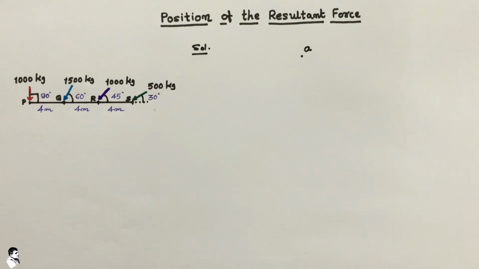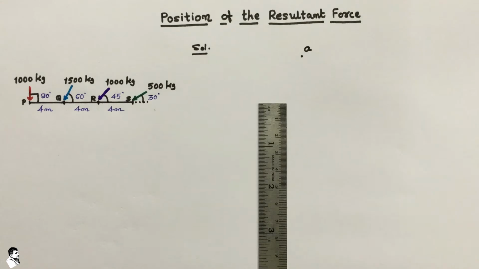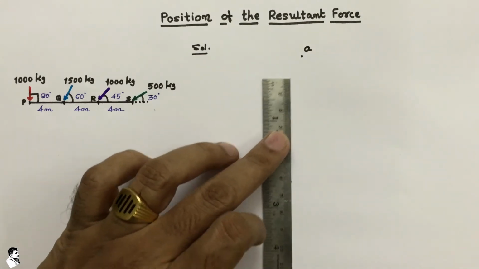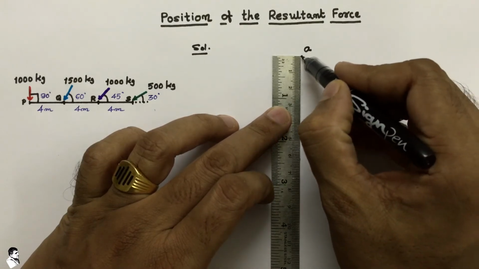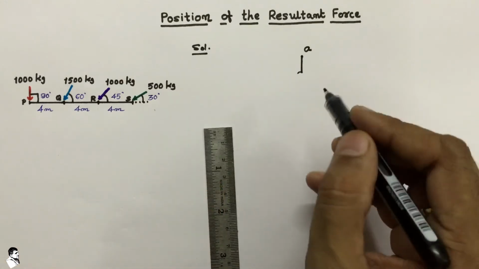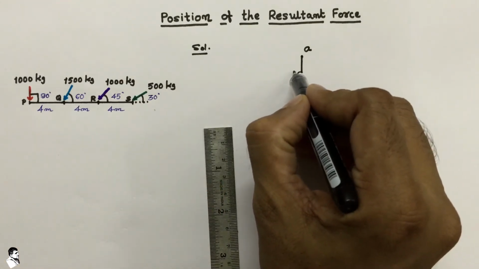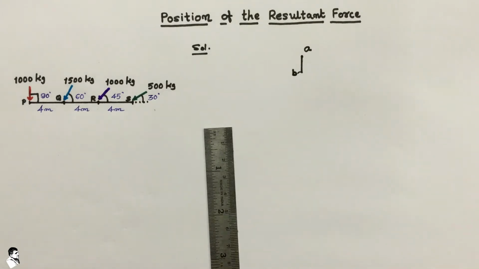We take a scale of 1000 kg equals 1 centimeter. So we plot a 1 centimeter line in a downward direction, and we name that point B.